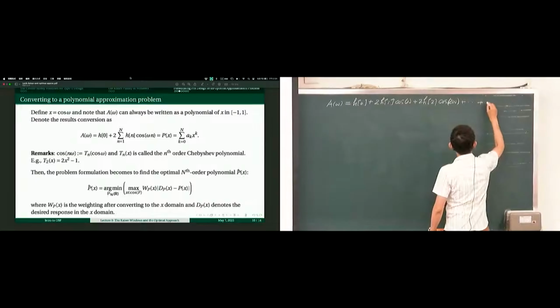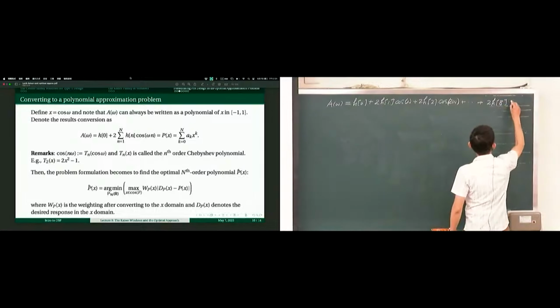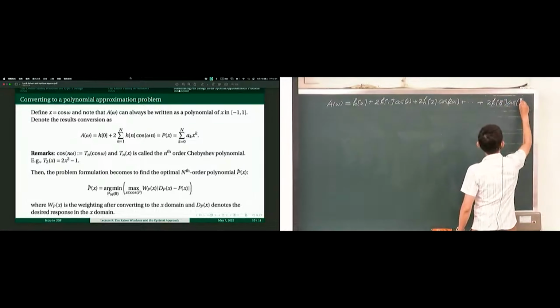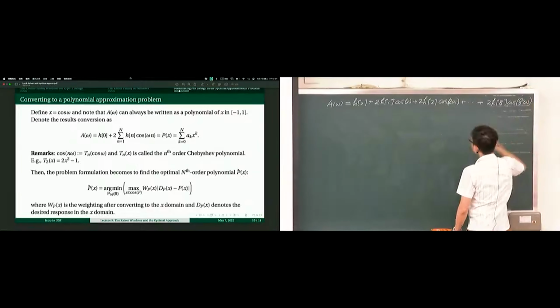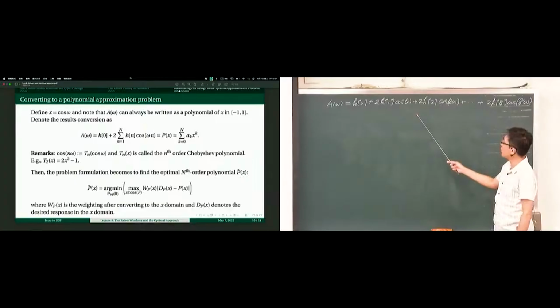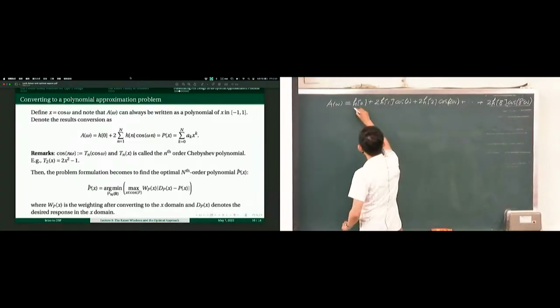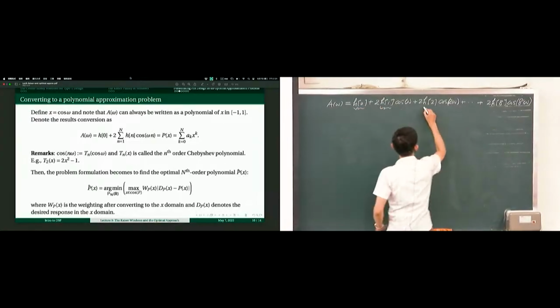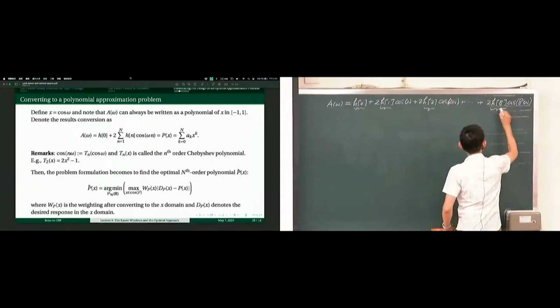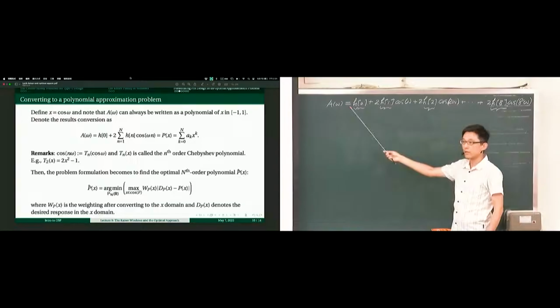Plus all the way to the last one, which is 2 times H8, cosine of 8 omega. This is all the possible frequency responses of your design, by choosing these parameters, you end up having a frequency response like that.